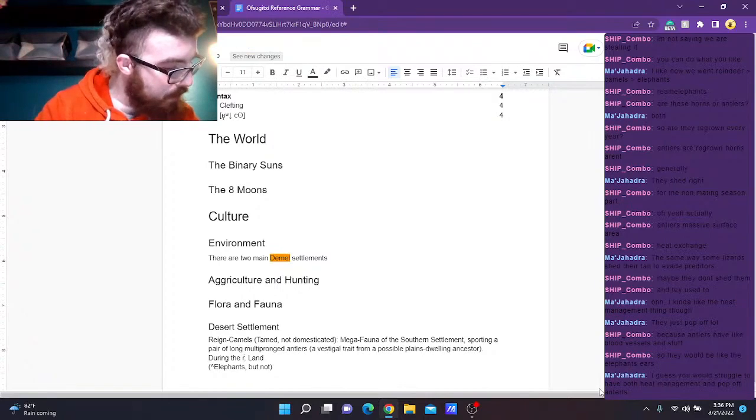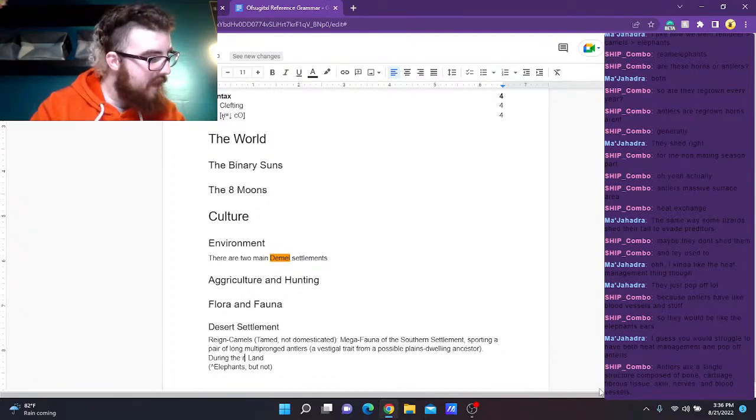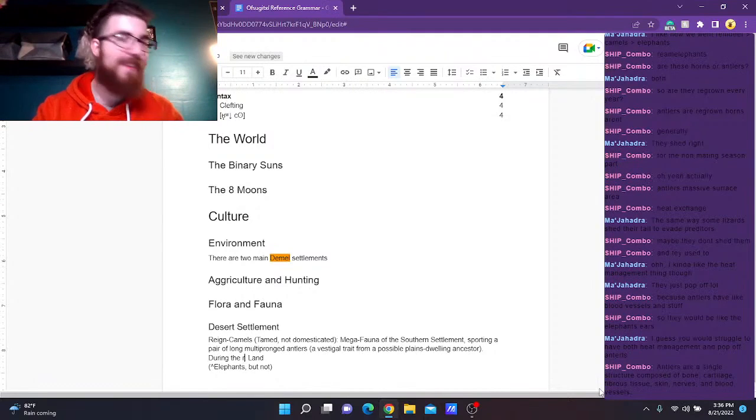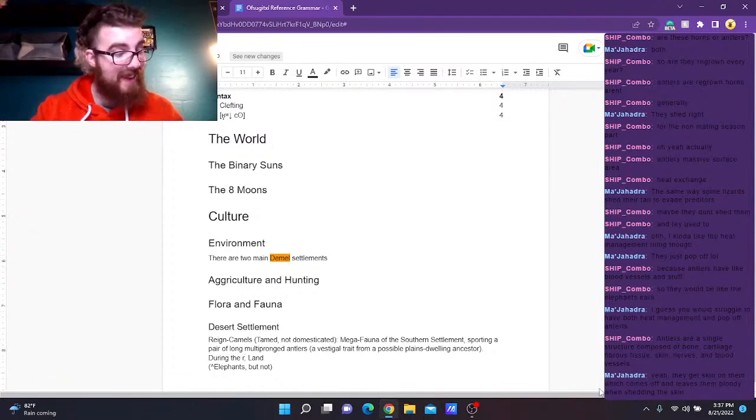Bone, cartilage, fibrous tissue, skin, nerves, and blood vessels. Wow. That's insane. I didn't know that. Really? That stuff is insane.